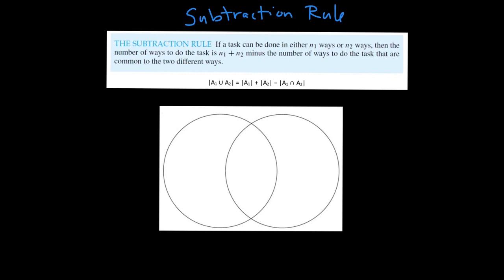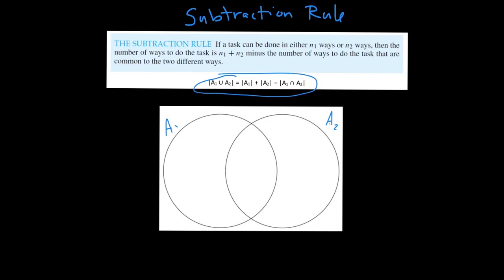So let's go ahead and name these sets A1 and A2. And the formula is given right here. It's the cardinality of the union of A1 and A2. This is what we're trying to count.